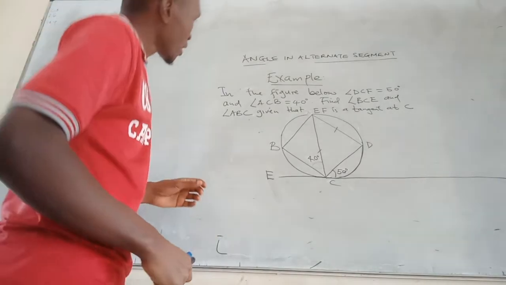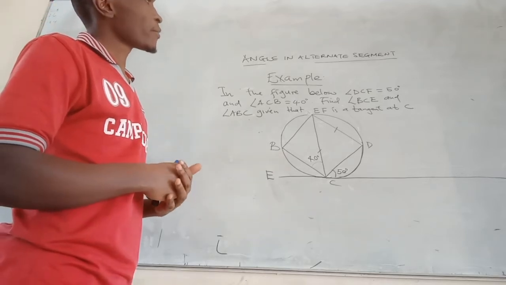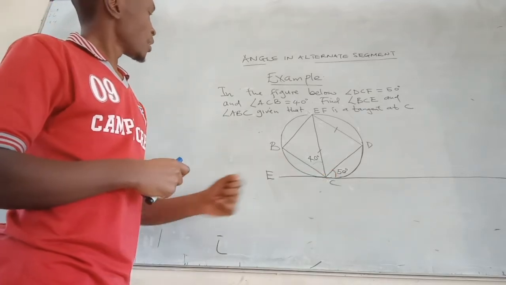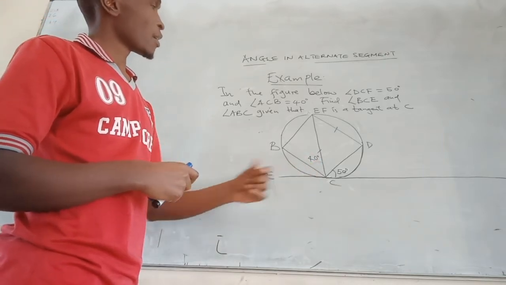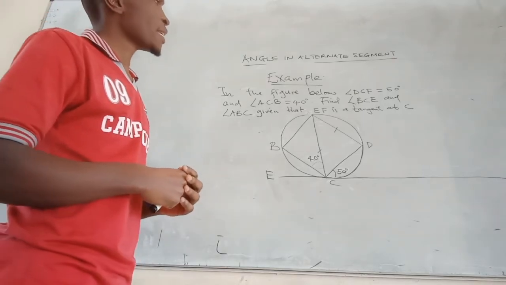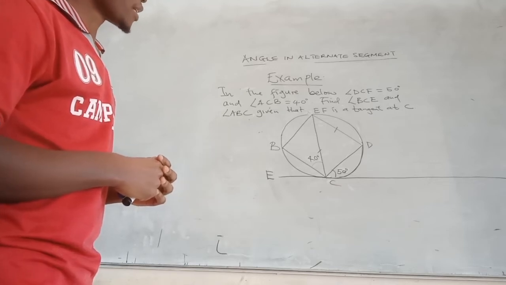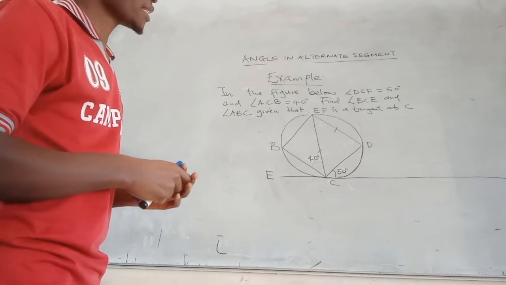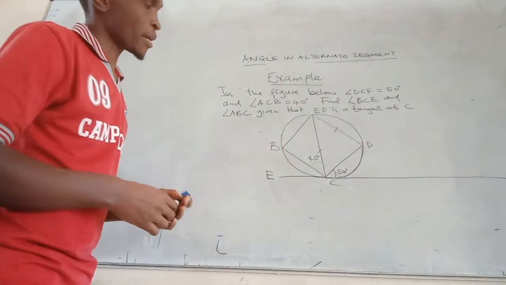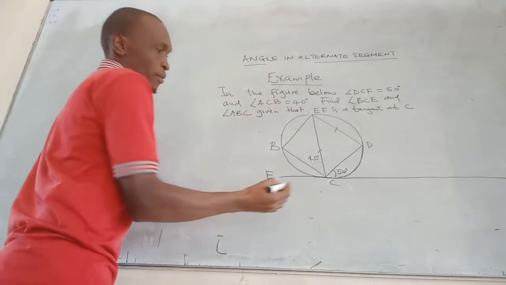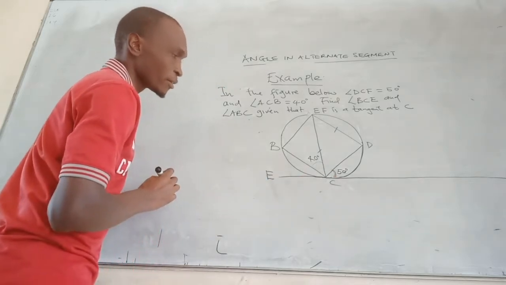So in our example, the question reads: in the figure below, angle DCF is 50 degrees and angle ACB is 40 degrees. Find angle BCE and angle ABC given that EF is a tangent at C. So this is a tangent EF at C. First of all, you can check the angle.